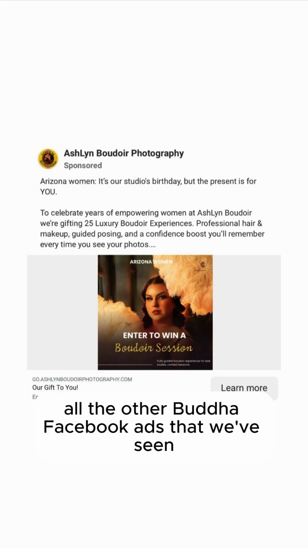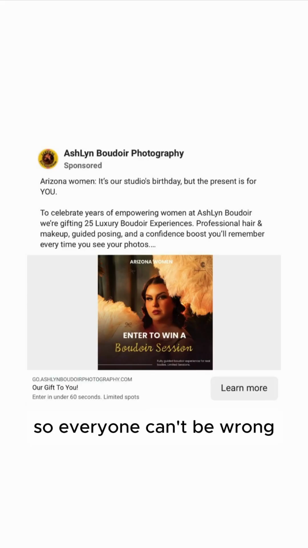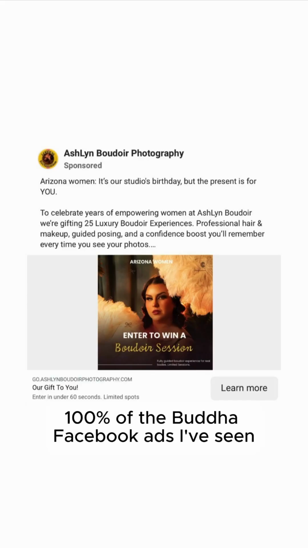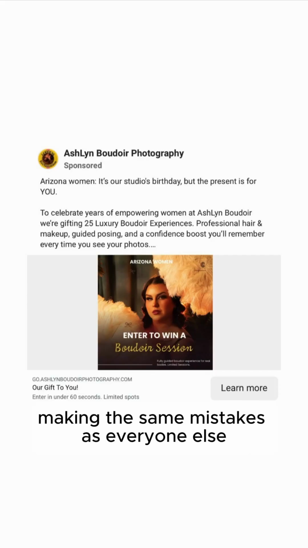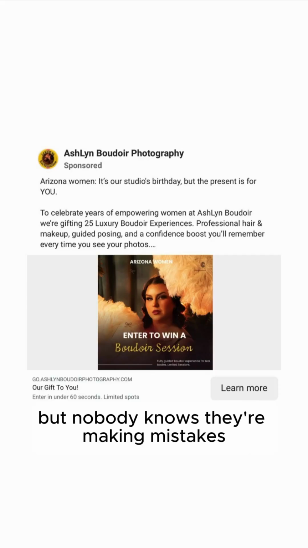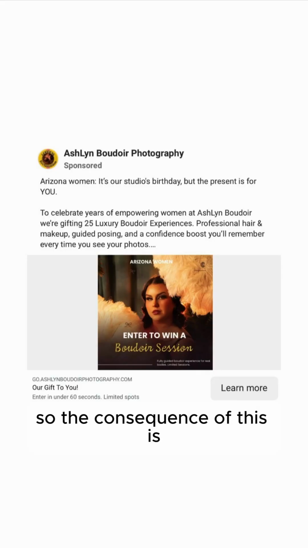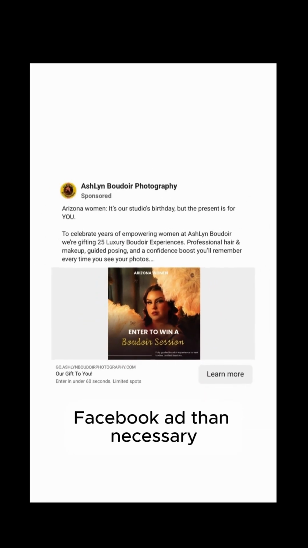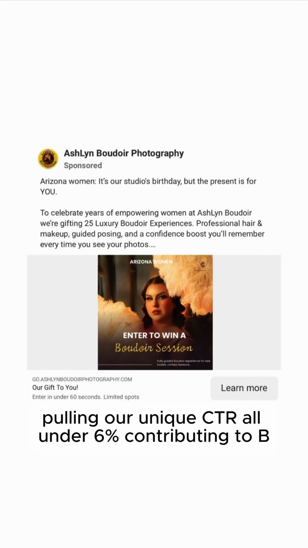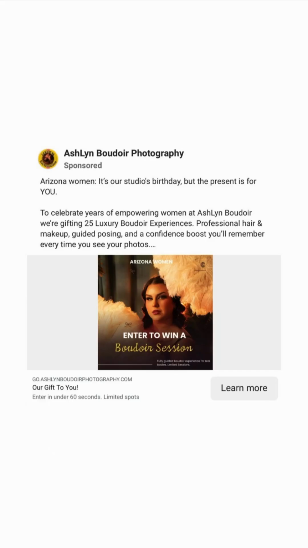All the other Boudoir Facebook ads that we've seen, nearly all of them look like ads. So everyone can't be wrong, can they? Well, 100% of the Boudoir Facebook ads I've seen the backend metrics for have all had BLCS, because everyone is making the same mistakes as everyone else, but nobody knows they're making mistakes. So the consequence of this is way more women scrolling by our Boudoir Facebook ad than necessary, pulling our unique CTRL under 6%, contributing to BLCS, Boudoir low click syndrome.